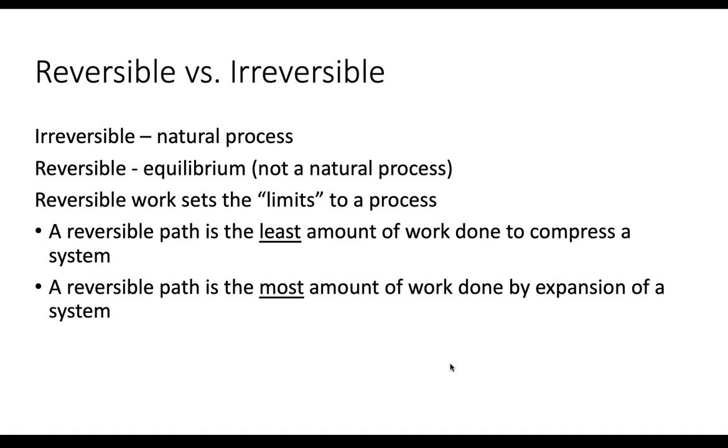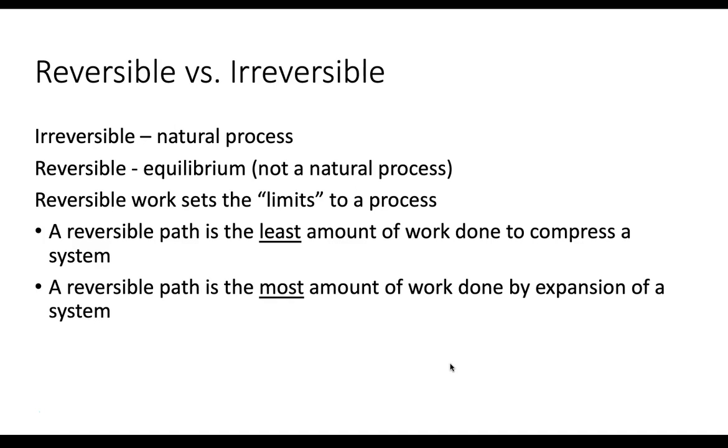One, because we can apply the ideal gas equation to our expression. And two, it actually sets the limits. A reversible path is the least amount of work you would need to do to compress a particular system. Any irreversible path is going to require more work to compress, so the surroundings have to do more work than on the reversible path.